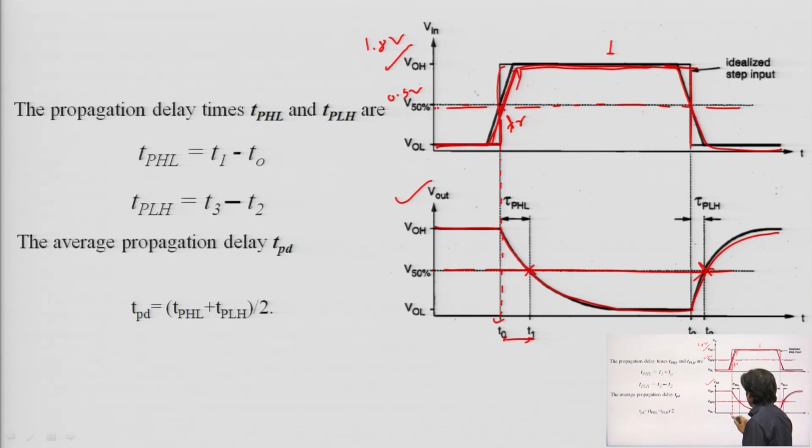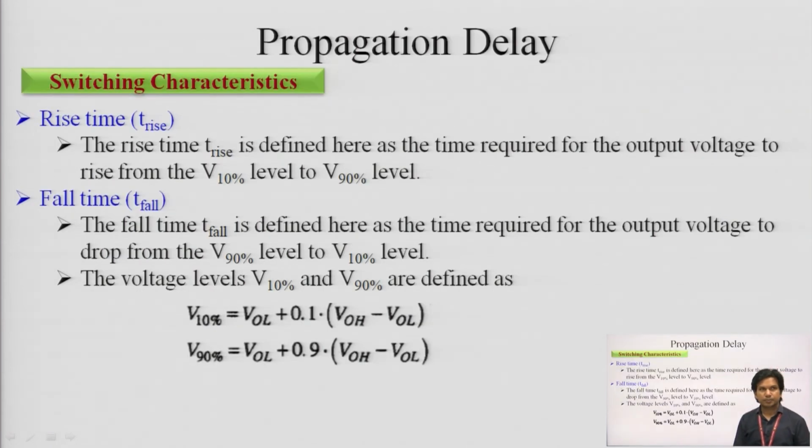You can take this point as T0 and the next time is T1, similarly here T2 and T3. Clear. So, we have to check the propagation delay from high to low. Clear. The propagation delay from high to low is T1 minus T0, the difference between T1 and T0. Similarly, low to high, it is T3 minus T2. Clear. So, if we take the time difference of these two and take the average, we can calculate the propagation delay.